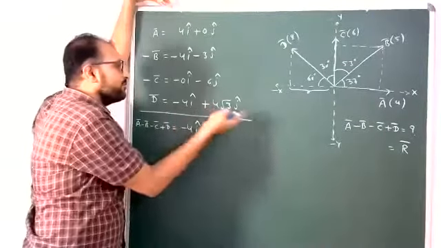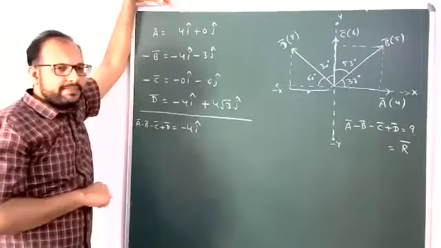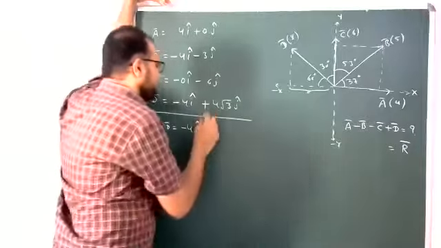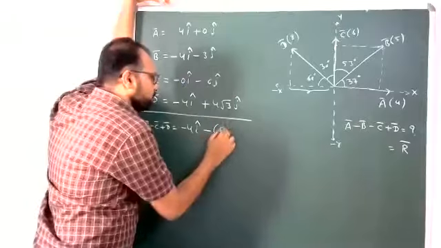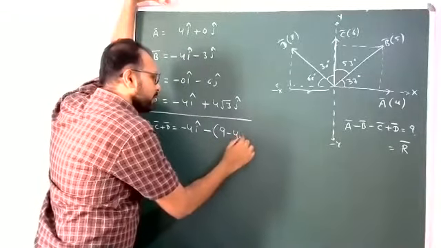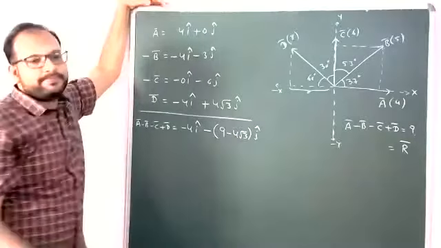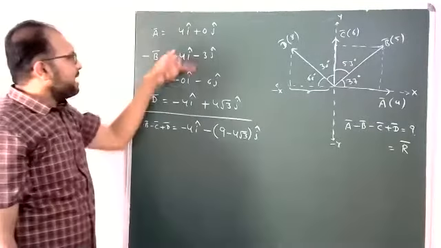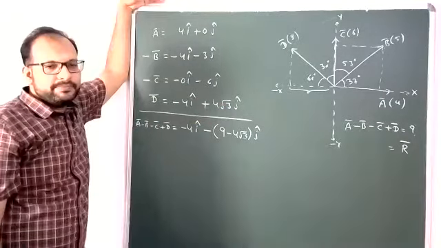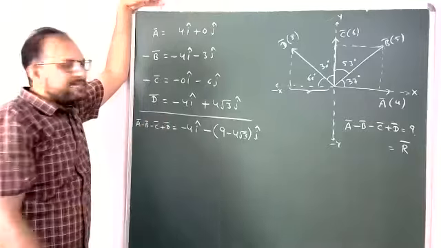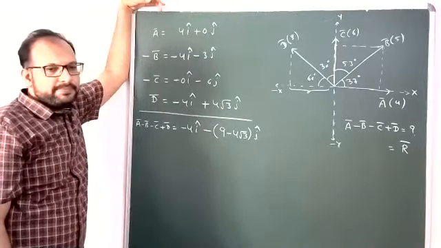Minus 9 plus 4 root 3. Yes, 9 is greater, so the answer is minus of 9 minus 4 root 3 j cap, taking the minus common.